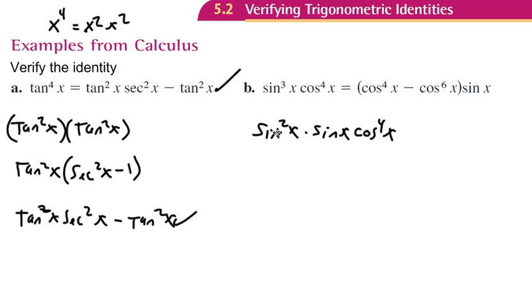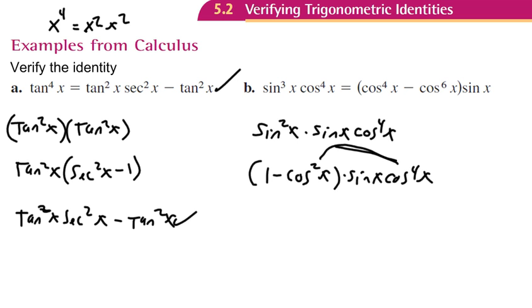Now, I can replace my sine squared with our Pythagorean identity, 1 minus cosine squared of x. And then we still have our sine of x times cosine to the power 4 of x. So we're almost there. I'm going to leave my sine on the outside, and distribute this cosine to the power 4.